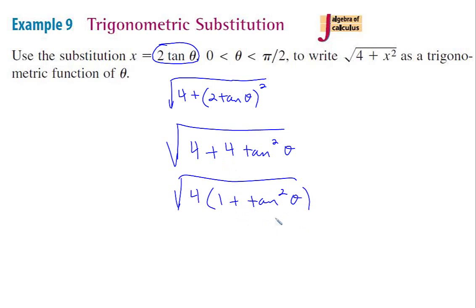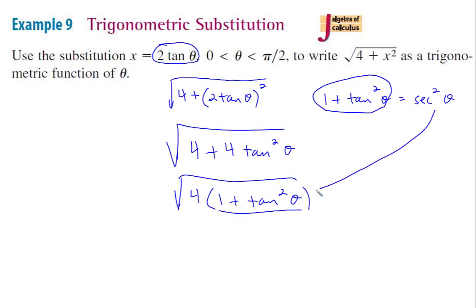Then look at your list of Pythagorean identities. We know that 1 plus tangent squared theta is equal to secant squared theta. So we can substitute this for this, and I'm going to end up with 4 times secant squared theta.